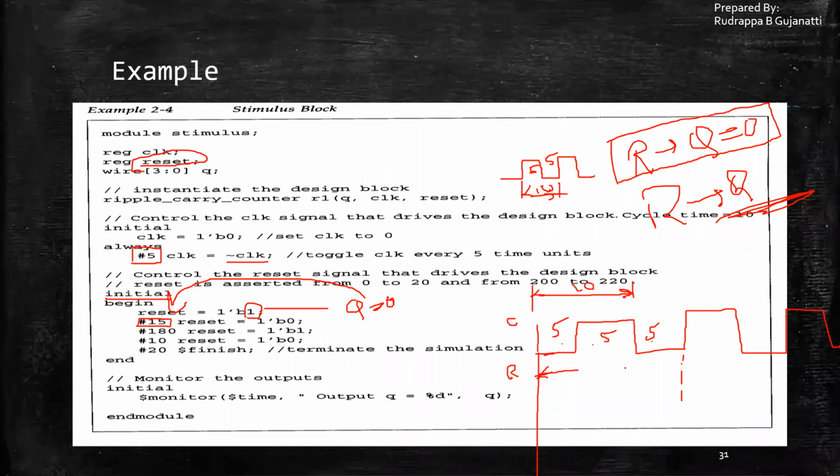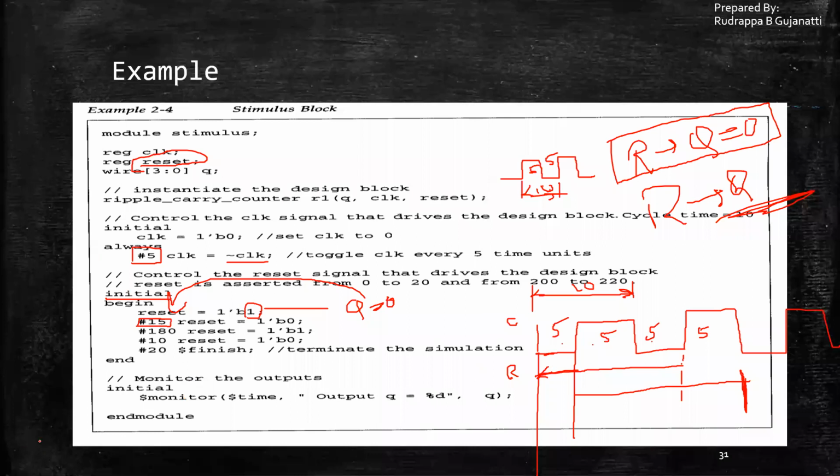Somewhere here, if I assume that the clock starts with 0, this is where it will be. But if I assume that the clock starts at this point, then reset will be 1 from this point to this point. So it depends on what logic is implemented. Let us see what we have.